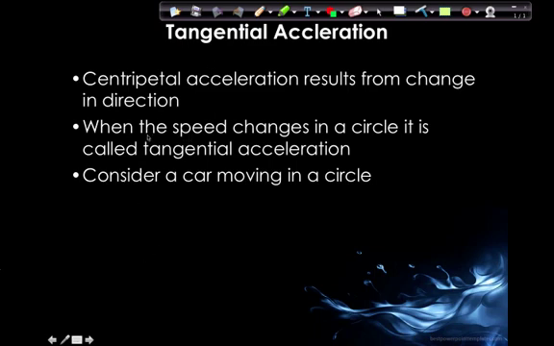So you have to think about if you're driving around in a car. If you're going around a curve, let's say that you're getting off the highway. When you're doing that, the speed limit changes as you're getting off that highway on the ramp.